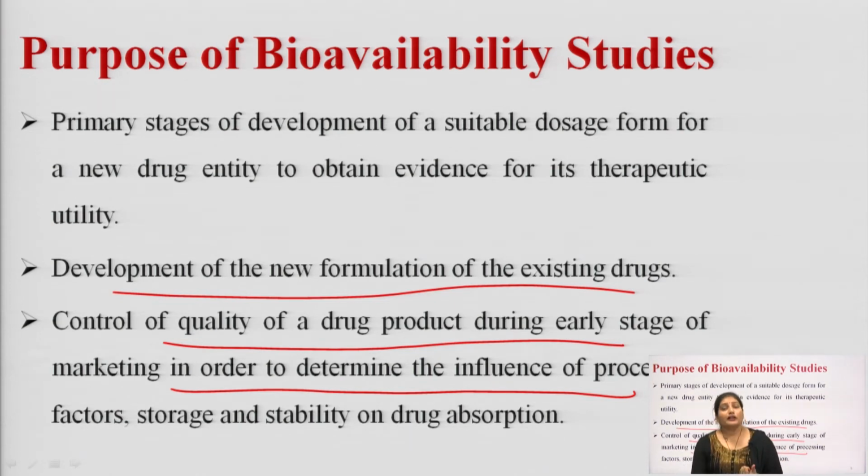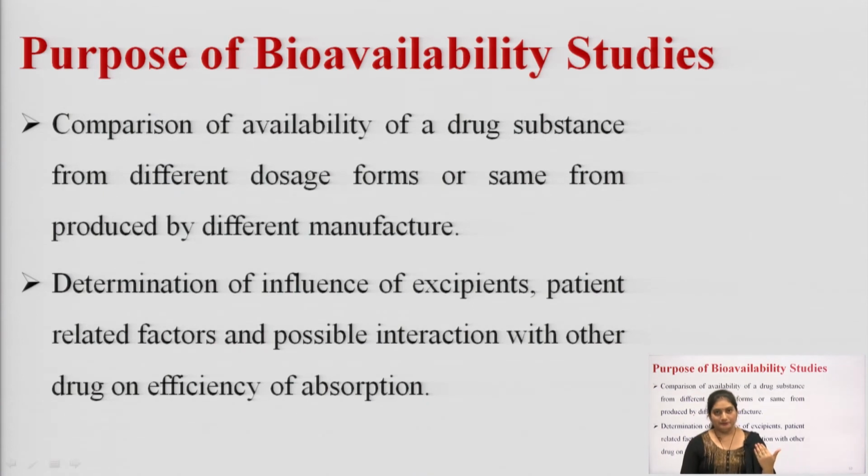Okay. When we want to control the quality of a drug product at the early stage of marketing, so that we can get the impact of process factors, storage, and stability studies on the drug absorption, then there is a need of conducting a bioavailability study.